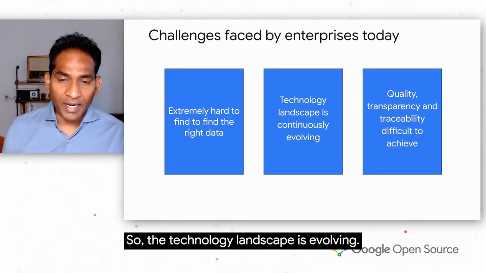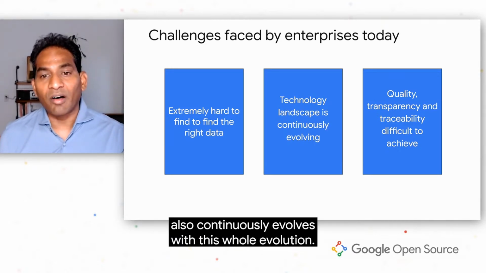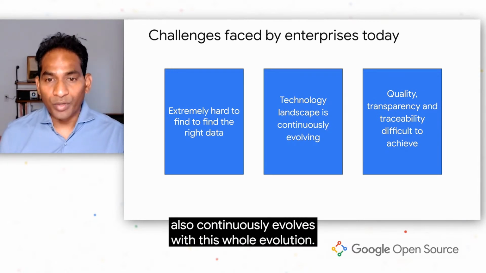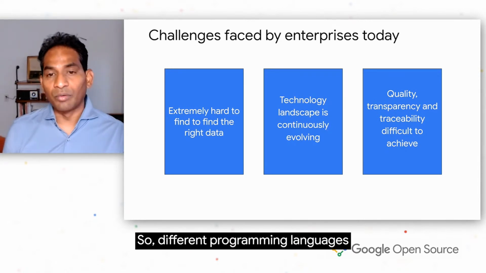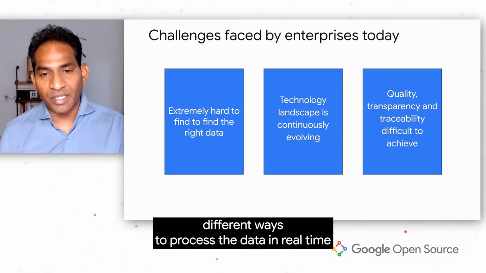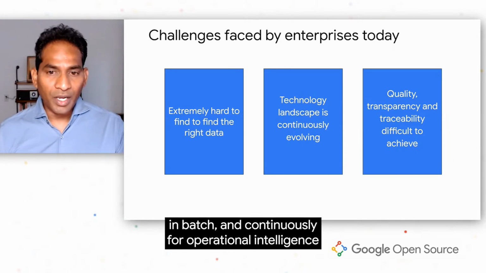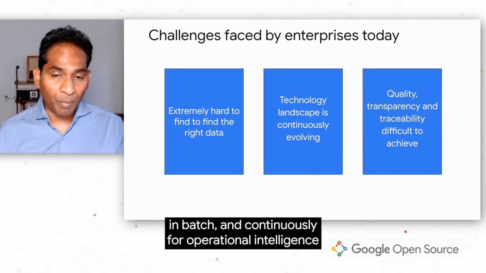So the technology landscape is evolving, and the way you process the data also continuously evolves. There are different programming languages and different ways to process the data: in real time, in batch, continuously, for operational intelligence.